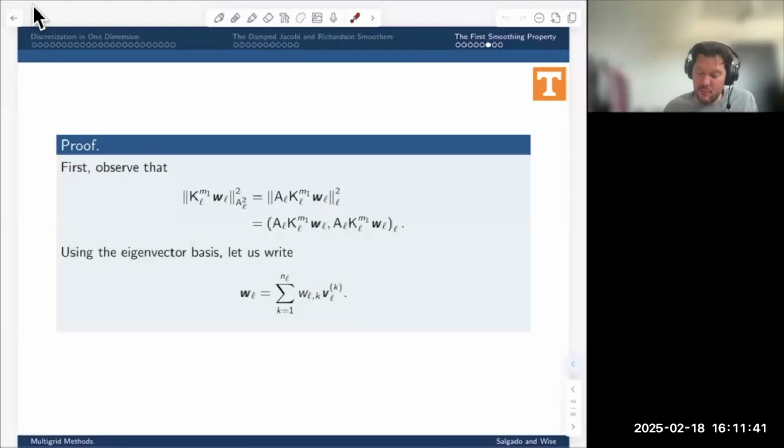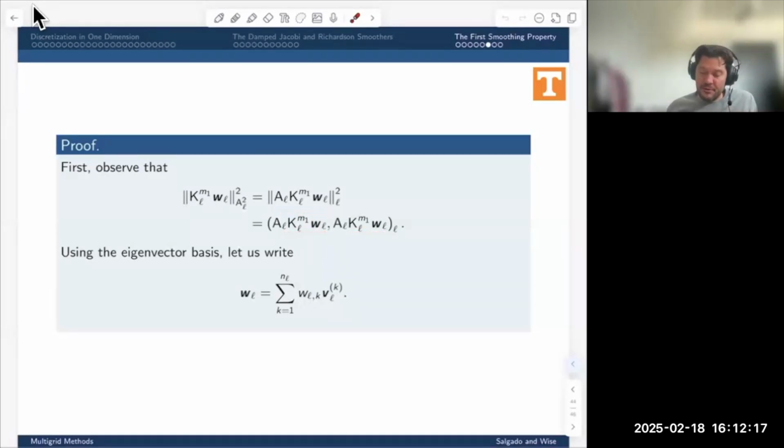We said before that the A_L squared norm can be rewritten as the Euclidean norm of A_L times whatever vector we're norming. This is by a simple identity that we argued for last time. If it's the Euclidean norm squared, then that's the Euclidean inner product of the same vector with itself, so that's the inner product of that vector just repeated.